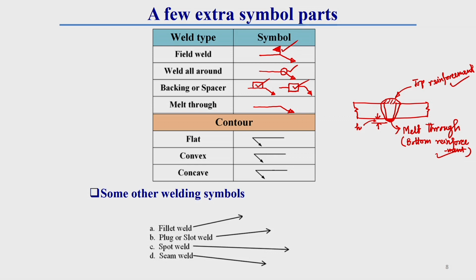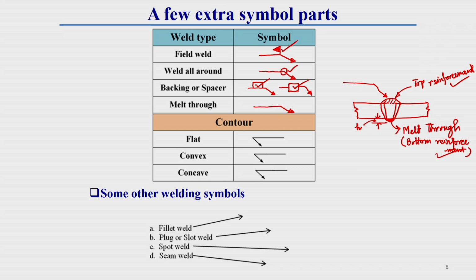Generally this melt through is specified in a weld symbol. If this is an arrow, then this melt through occurs on the other side of this arrow, or we can say the far side of this arrow. So, melt through we have to represent on the other side.